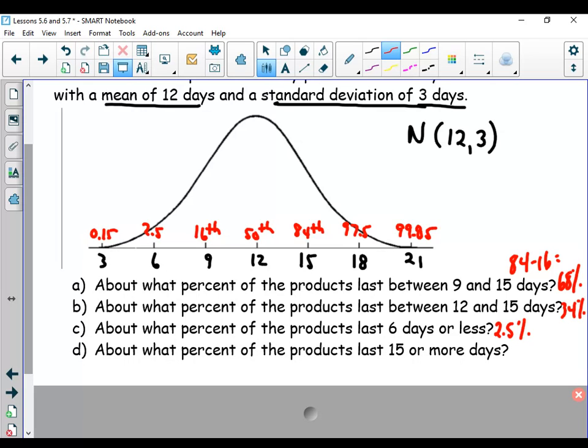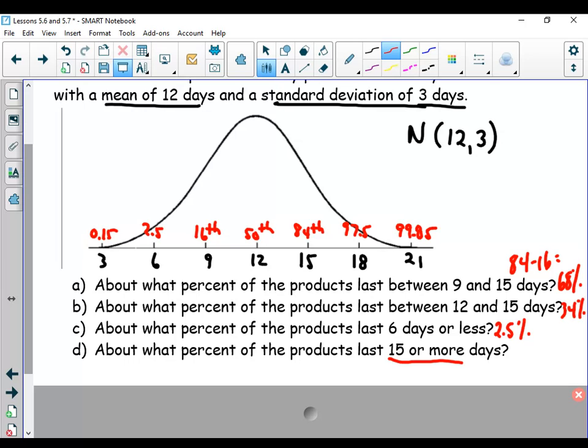The last one wants to know what percent of the products last 15 or more days. This is slightly different, but I still want to go to that 15-day mark. I notice that's the 84th percentile. So that means 84% of the values are less than 15. How am I going to figure out what percentage are more than 15? We know the percentage is less.